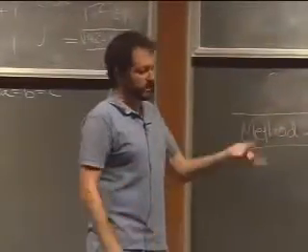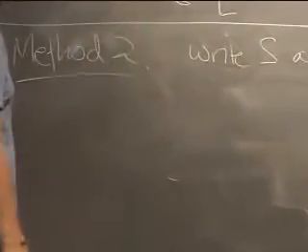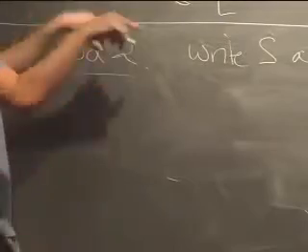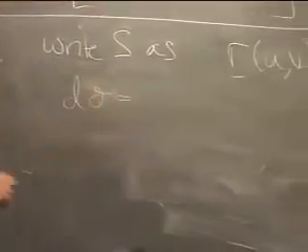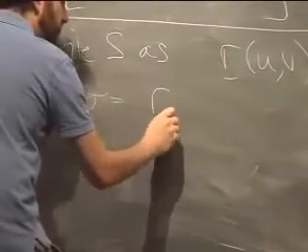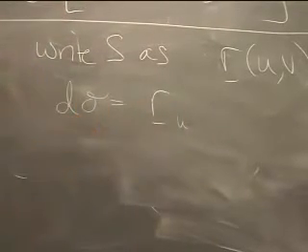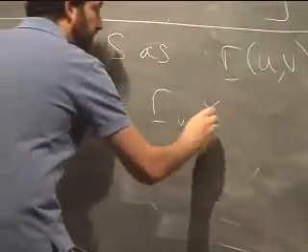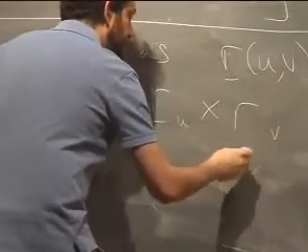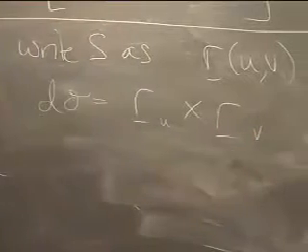So if you can write it like this, then instead of the nasty formula for d sigma from before with this gradient and the k in it, there's a much nicer formula for d sigma. It's just the u derivative, which now we're going to write r subscript u, cross the v derivative. And that's a vector.